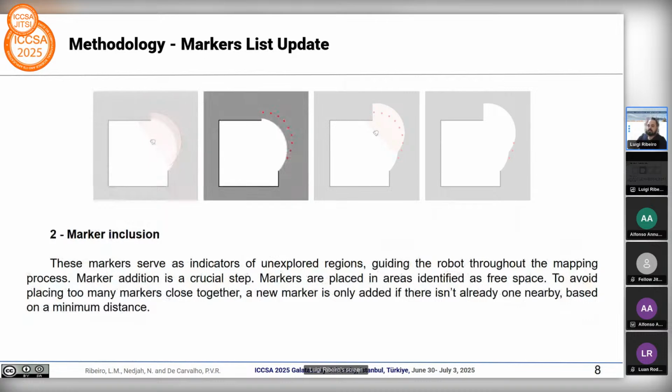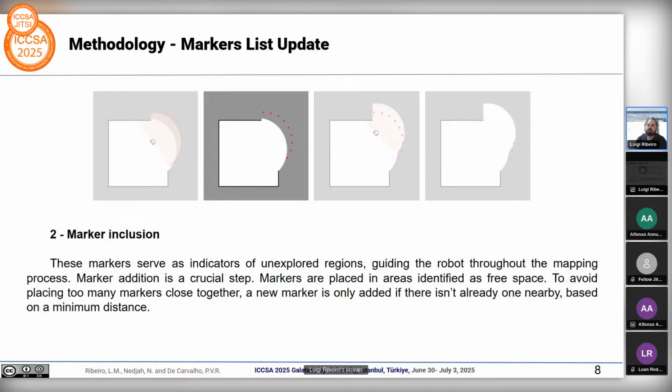In step 2, mark inclusion, these marks serve as indicators of exploration regions, guiding the robot throughout the mapping process. Mark addition is a crucial step. Marks are placed in areas identified as free space.